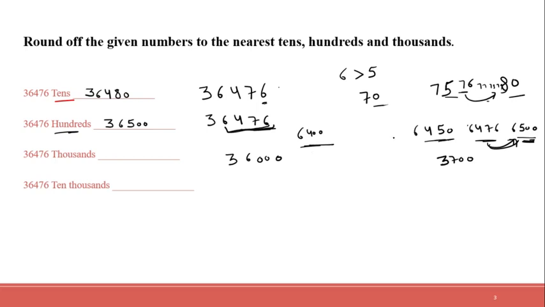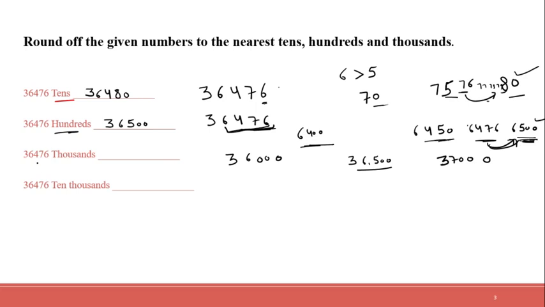Here 6400, 6500. Why? Because here it was about tens, here 100, and now I am writing in 1000 because we want to round it off to the nearest 1000. So in the middle of this, somewhere it will be 36,500, right?